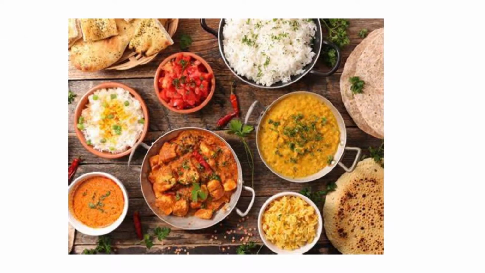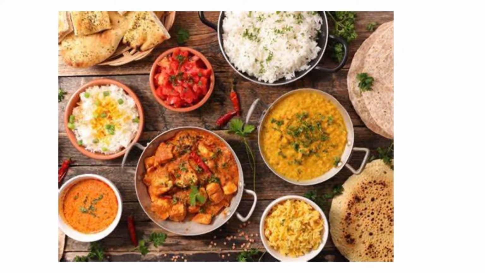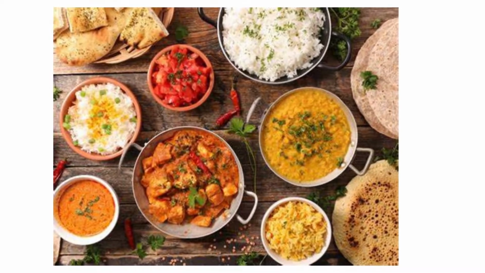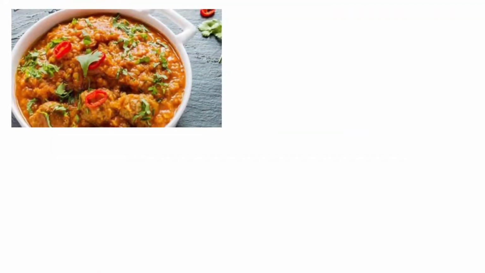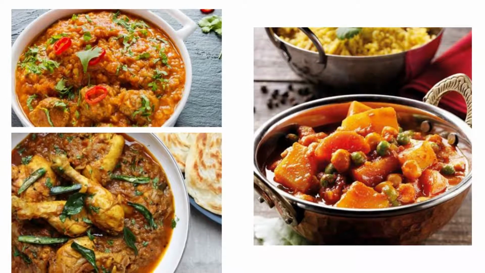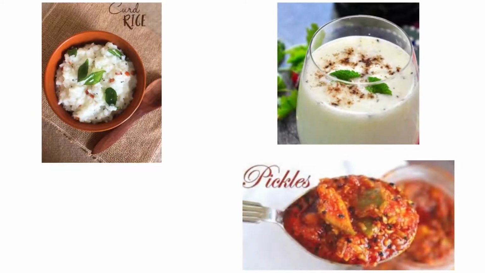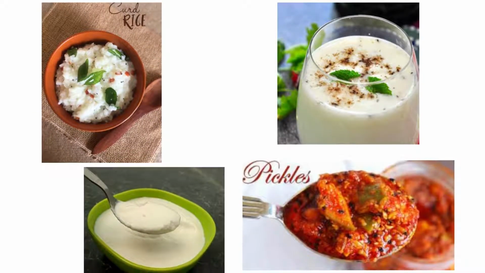Our meals usually have at least one item made of some kind of grain. Other items could be a dal or a dish of meat and vegetables. It may also include items like curd, buttermilk and pickles.